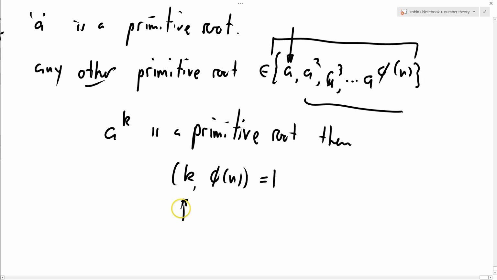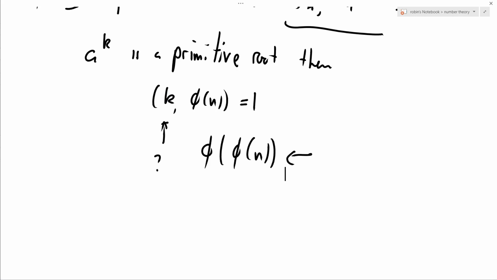So how many k's are there with that property? Well, it's just by definition the totient function of the totient function of n. So if n has a primitive root, how many has it got? It's got this number here. Okay, which is quite nice.